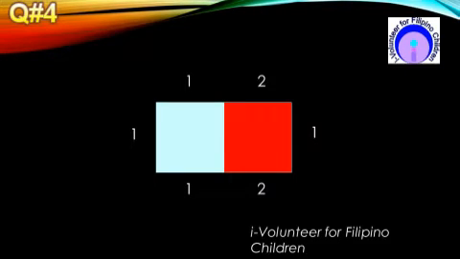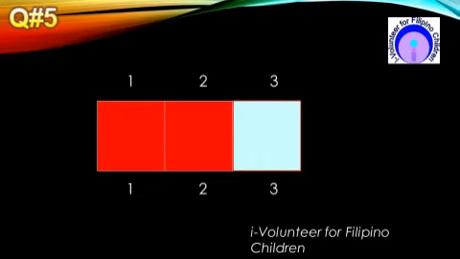Question number 4. How many white squares can you see? Number 5.